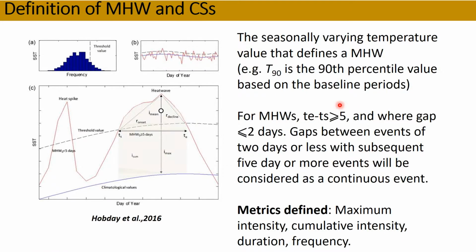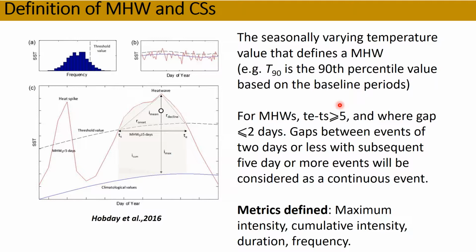Okay, so now I'll define the marine heat waves. We define marine heat waves as the 90th percentile of the daily sea surface temperature anomalies. To be a marine heat wave, following Hobday 2016, we need at least 5 days from the beginning to the end of the event.